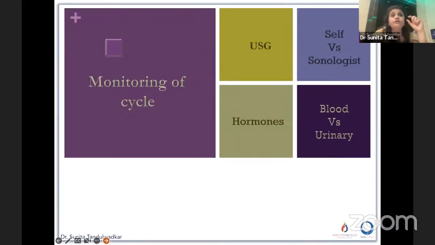At the same time, you should do the Doppler for the endometrial lining. You should have up to grade 2, or maybe it will reach grade 3 on the day of ovulation. Suppose you have a beautiful lining, but the Doppler studies are not good. You just try to see the uterine artery pulsatility index, whether the blood flow is going well or not. You might add ecosprin to these patients.